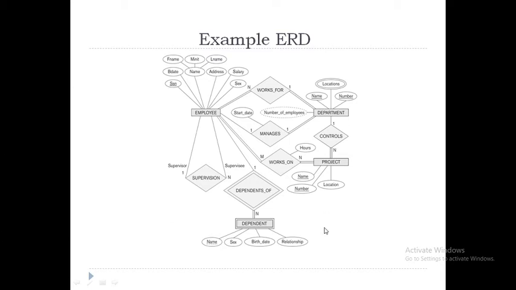So we are converting 1 to n relationship or n to 1 relationship. We show the relationships here. We have works for n:1, then controls 1:n, then this is already done, weak entity type, and here if I see supervision, again 1:n.